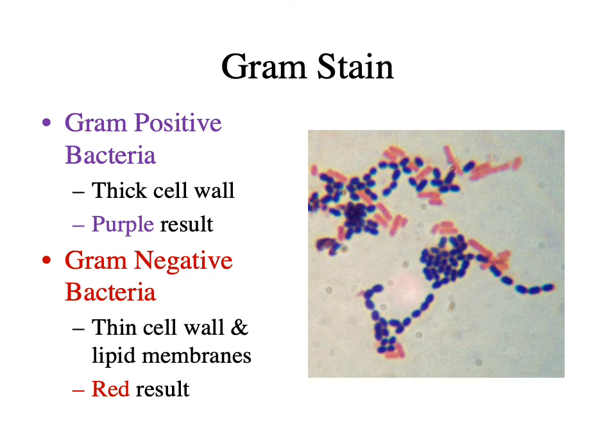The reason why this stain works is because of the properties of the cell wall of the bacteria. Gram-positive bacteria have multiple layers of peptidoglycan in their cell wall. When you use crystal violet and the mordant, the iodine, in this stain, it forms a complex that sticks inside that very, very thick cell wall.